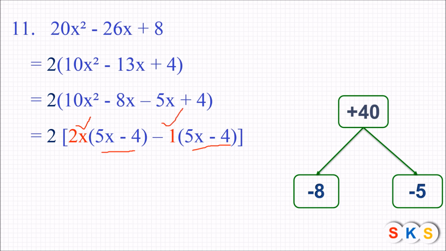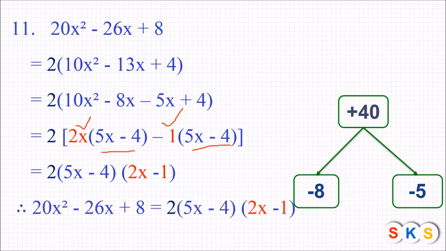So we will get 2 in a bracket 5x minus 4, in the second bracket 2x minus 1. Therefore 20x square minus 26x plus 8 can be written as 2 in a bracket 5x minus 4, in the second bracket 2x minus 1.